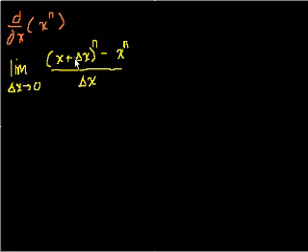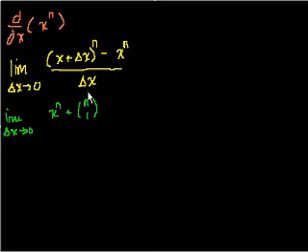And if you don't know the binomial theorem, go to my pre-calculus playlist and watch the videos on the binomial theorem. So the binomial theorem tells us that this is equal to the limit as delta x approaches 0. And what does the binomial theorem tell us? I'm just going to do the numerator: x to the n plus n choose 1.